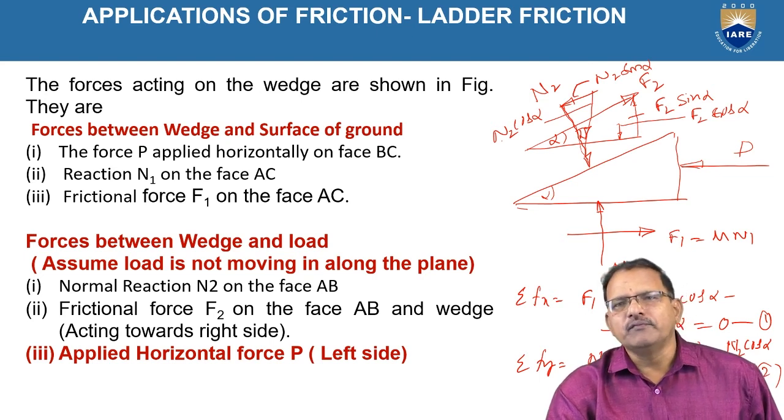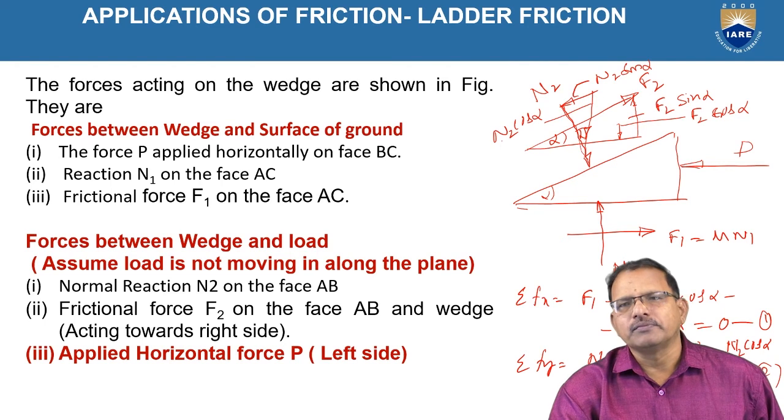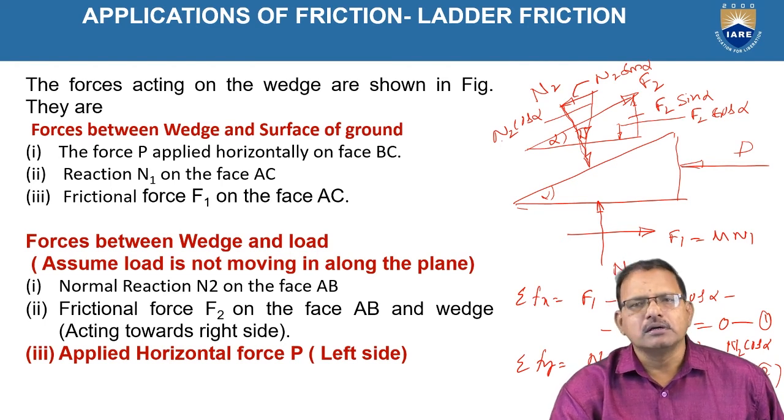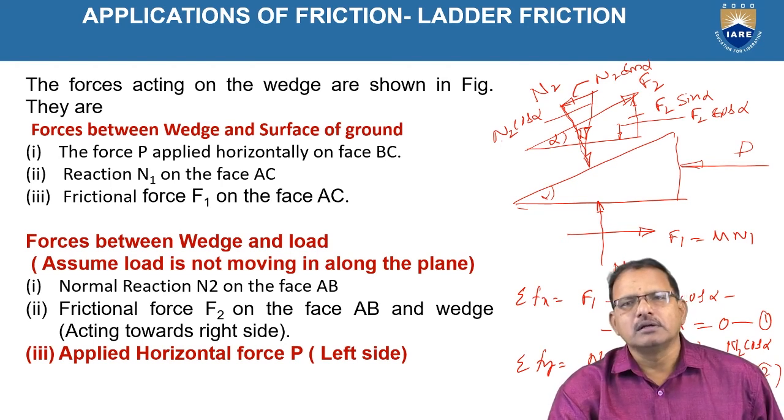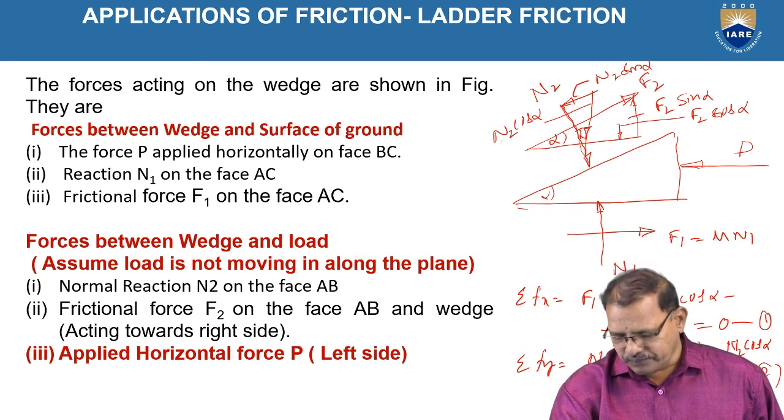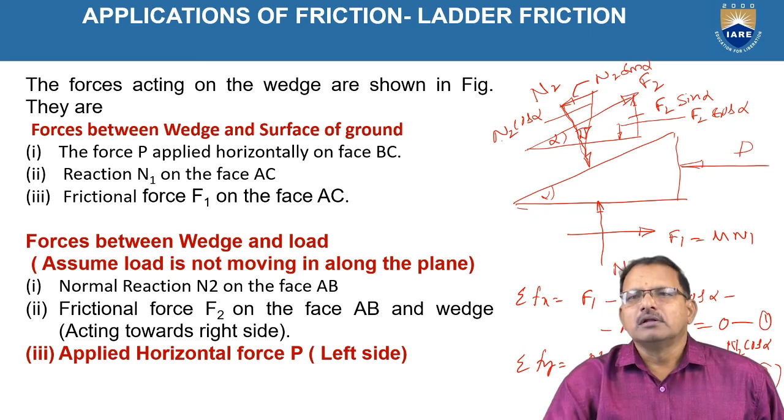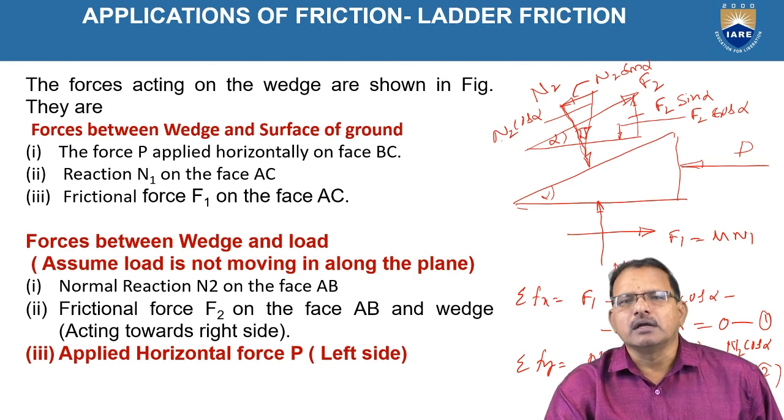On wedge, P force is acting horizontally on face BC in the given figure. Reaction N1 at AC and a friction force F1 on AC. Similarly, the forces which are acting on inclined surfaces, the normal reactions are acting downward directions.